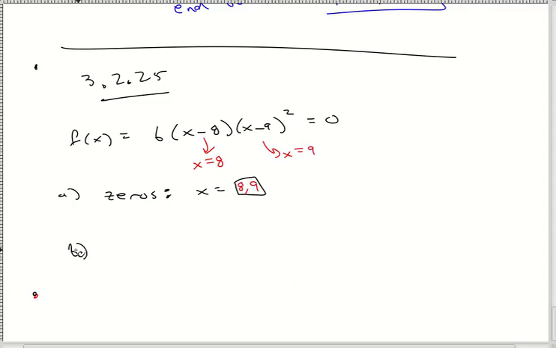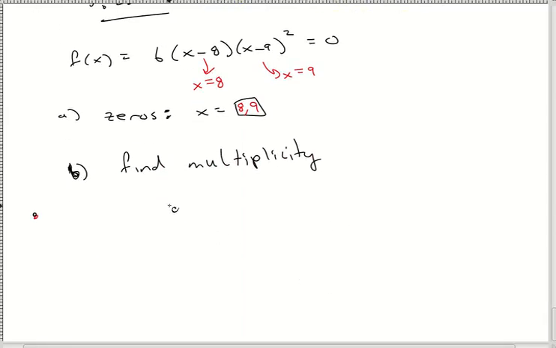Part B is asking for something new. They're wanting the multiplicity. Okay, now what does that mean? It's how often a 0 occurs.